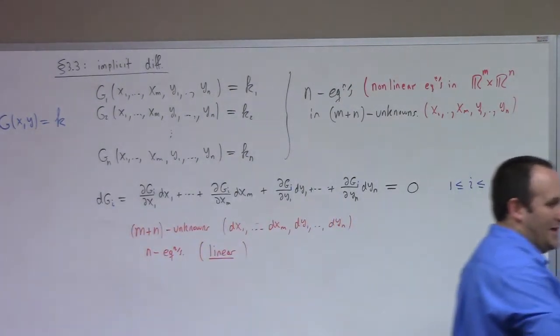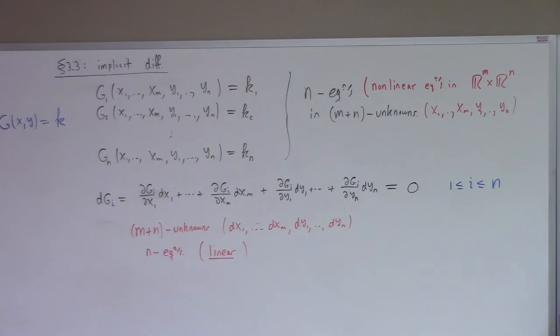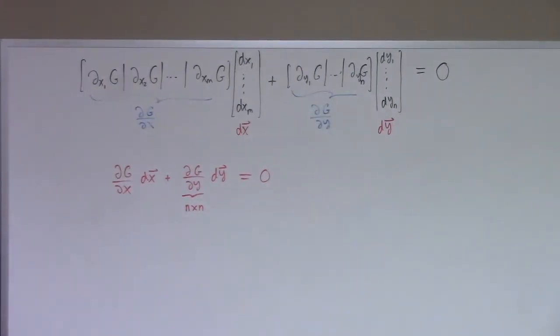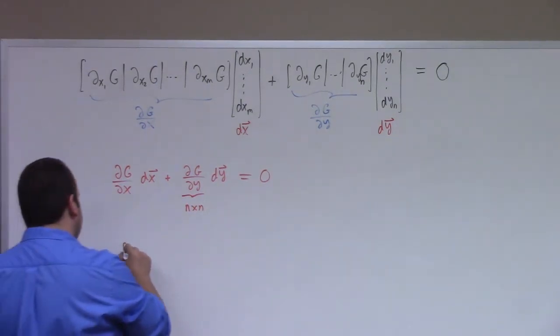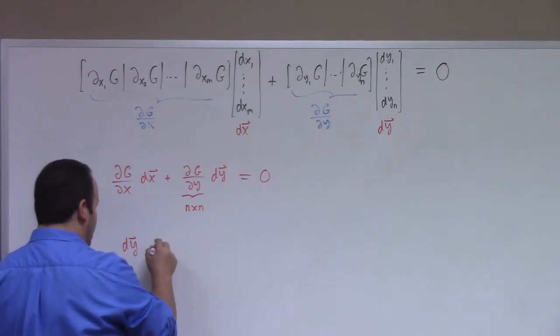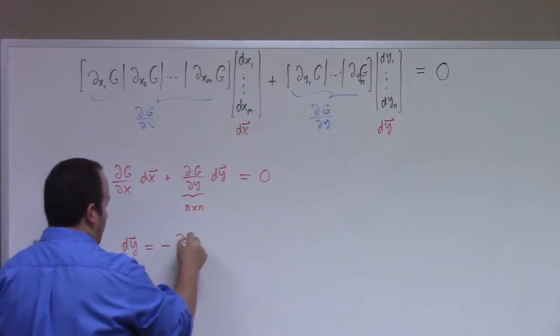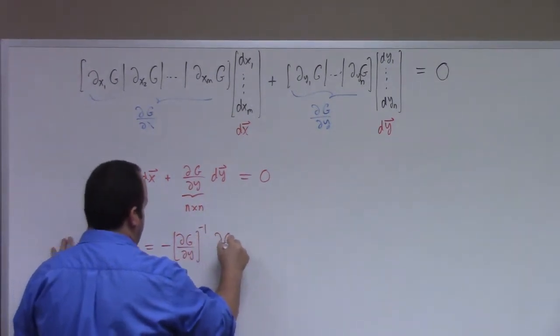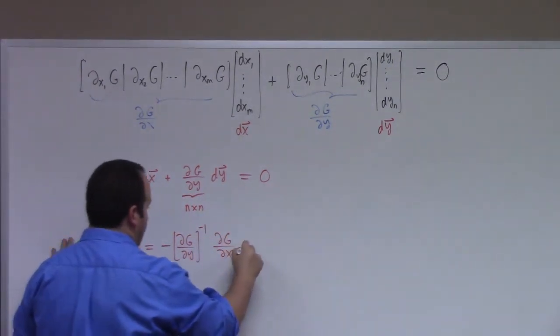Let me just keep going. So the point is, this is a square matrix. This is an n by n matrix, right? So if that's invertible, then we can solve for dy. And dy vector will be equal to minus partial g partial y matrix inverse times partial g partial x dx vector.